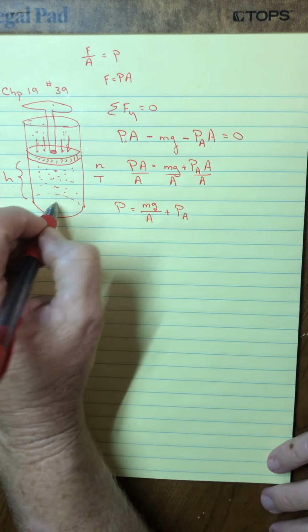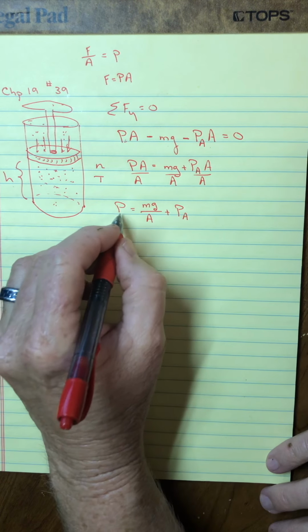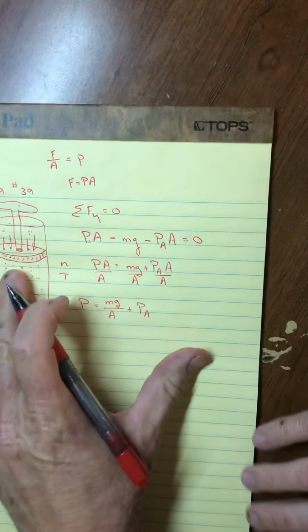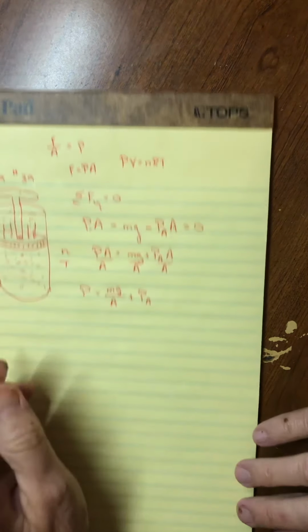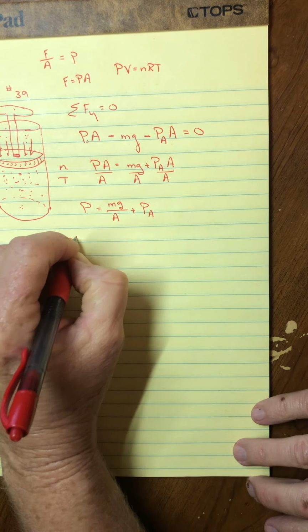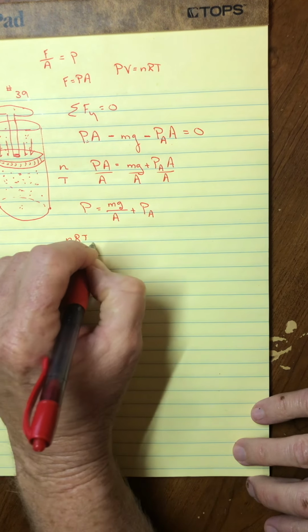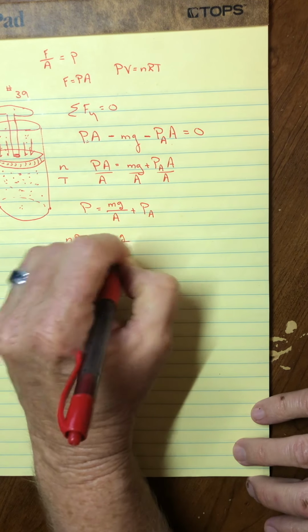Now, the pressure in this gas container using the ideal gas law, let me put it up here. Remember, PV equals nRT. So the pressure in the container would be nRT over the volume of the container.